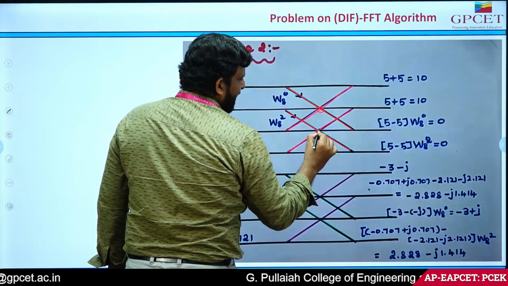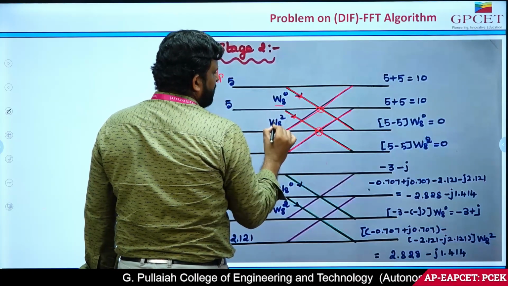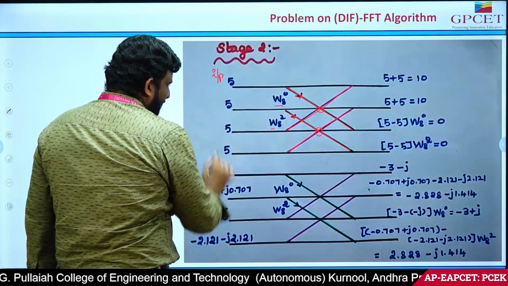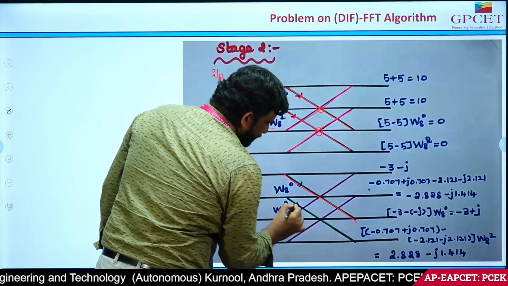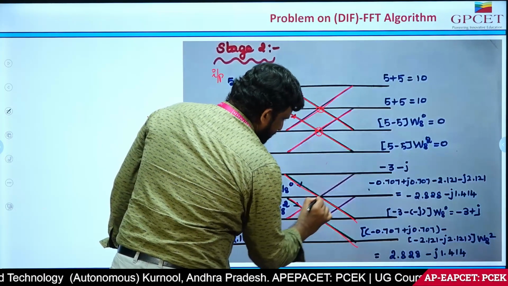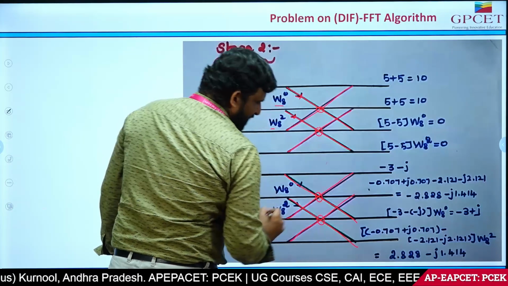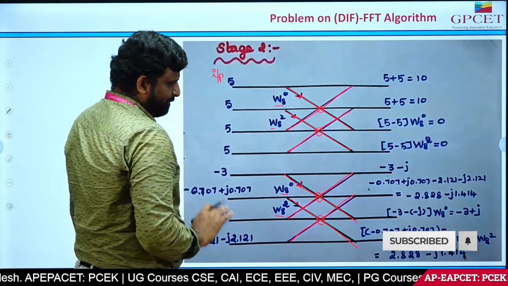Now, you can see the butterfly diagram here, and the twiddle factor will be only W8 to the power of 0 and W8 to the power of 2, that is, 4 has been divided into 2 and 2. Now, the second part is the same. So, I got 1, 2, 2 butterfly with the twiddle factors W8 to the power of 0 and W8 to the power of 2.